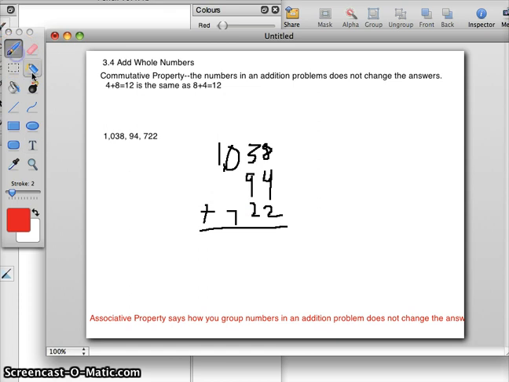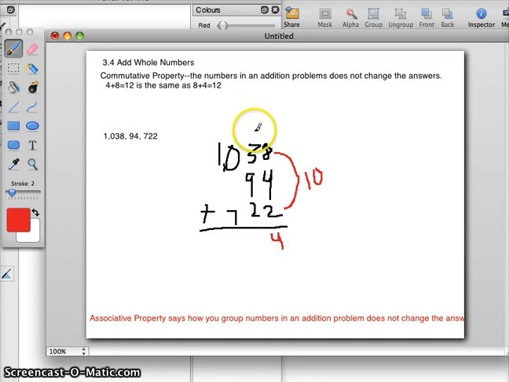What that means is when we add these together, we don't have to go in order. We do not have to go 8 plus 4 plus 2. We can basically choose what we do. So it's easier to add the 8 plus 2 because that equals 10. Then from that 10 we can add the 4, which is 14.